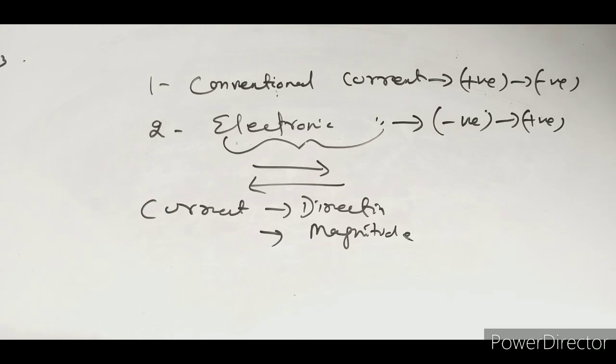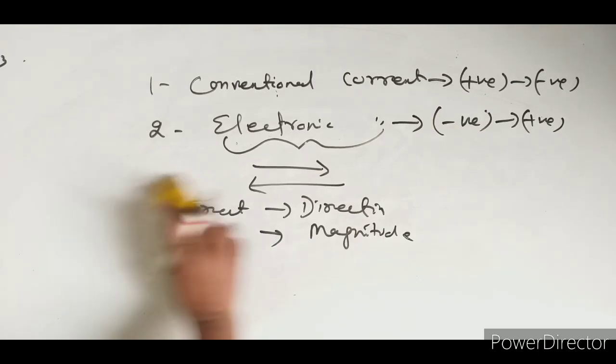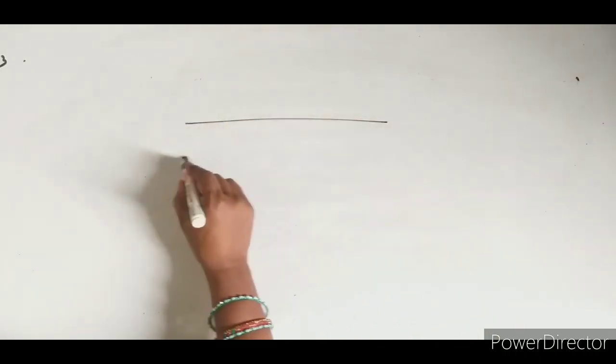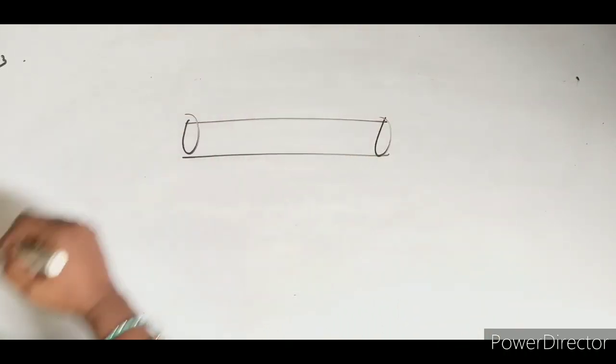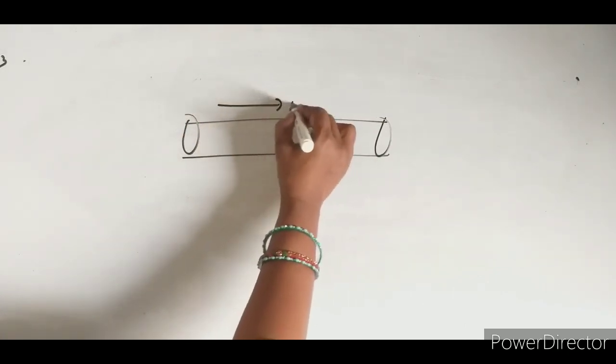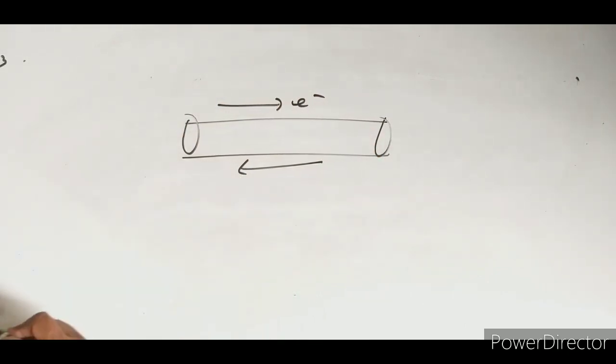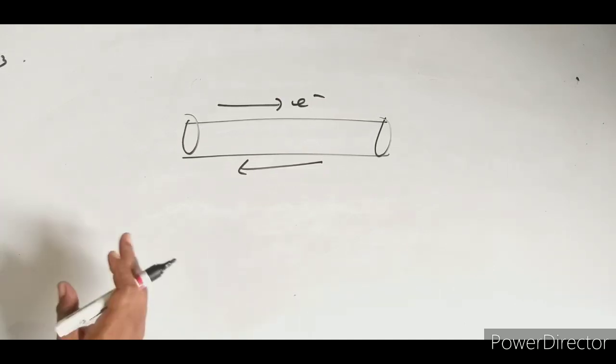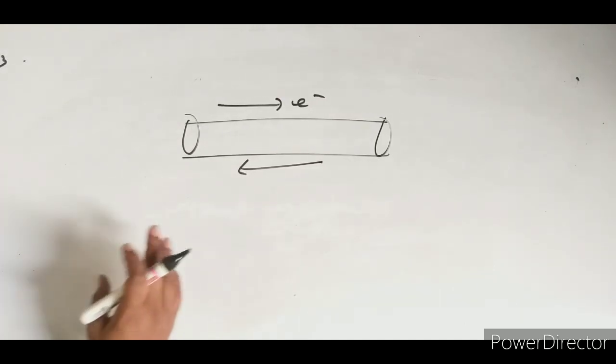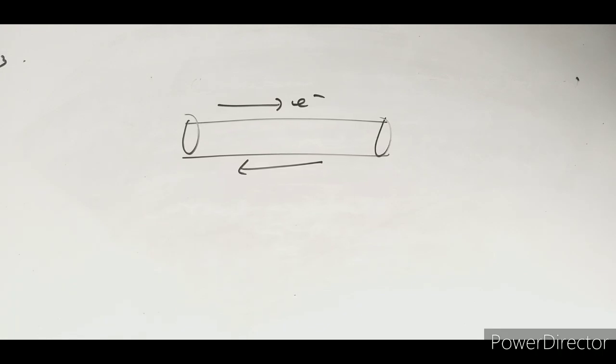If we take a conductor or a wire, and electrons flow this side, current flows this side. However many electrons pass, that many enter through the cross section. This is the reason why current cannot be considered a vector quantity, rather it is considered a scalar quantity.